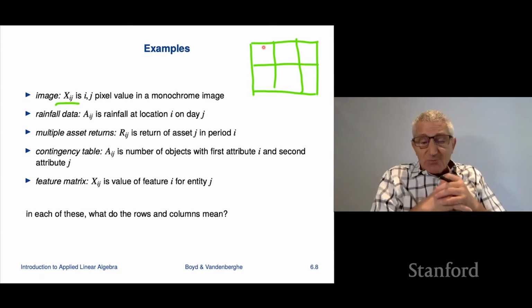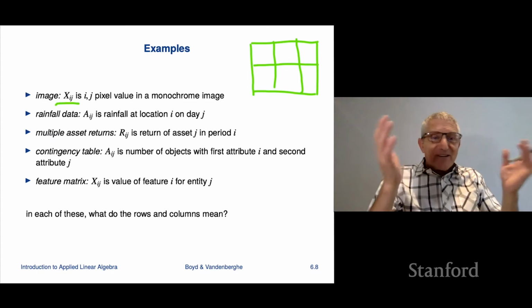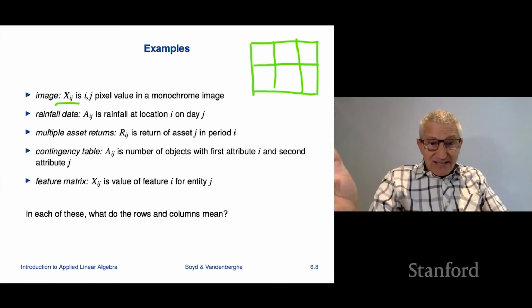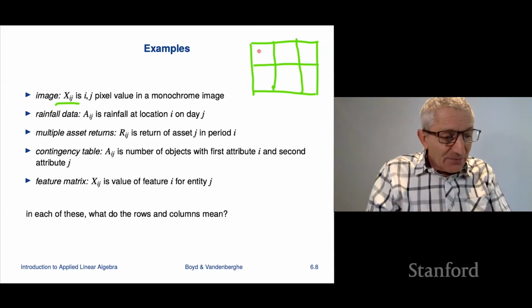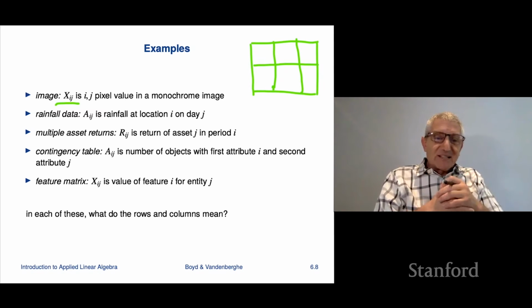Now that's ridiculous because most images are hundreds of pixels vertical by hundreds horizontal, or thousands these days, right? So you would never have an image that has 6 pixels. Doesn't make any sense. Well, but technically this is what it looks like.